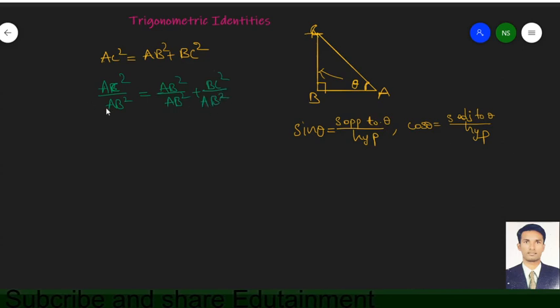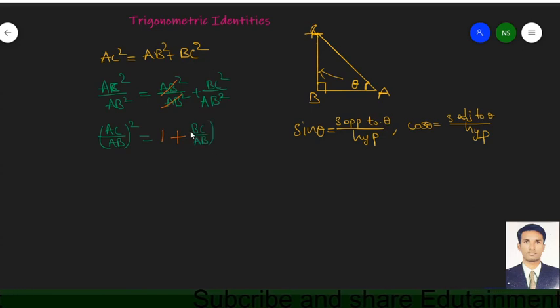So I can write this as AC by AB whole square, which is equals to, these two values cancelled here, 1 plus BC by AB whole square.